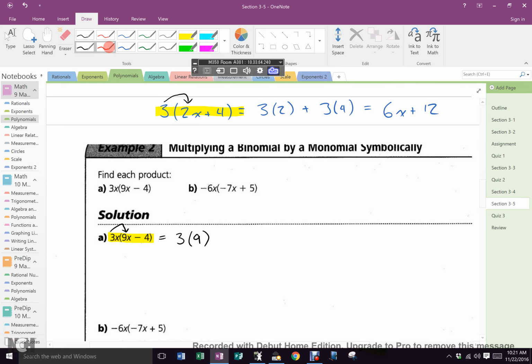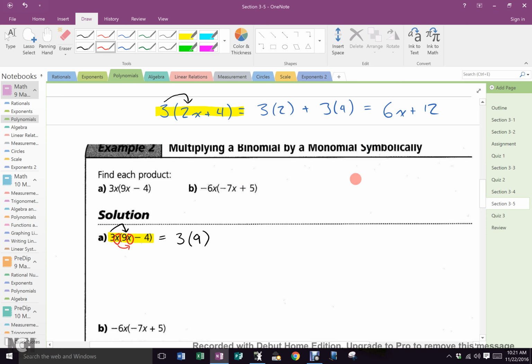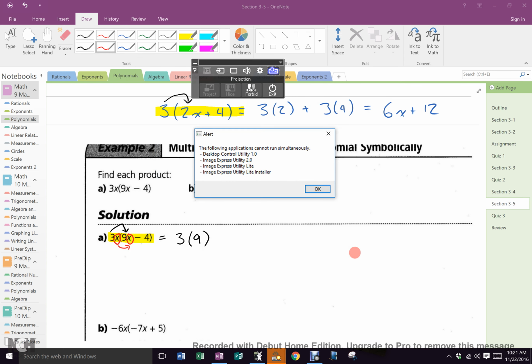But you guys are smart kids. What do you see in this case? There's letters. So it would be x squared. We know from our drawing that it's going to be x squared, right?